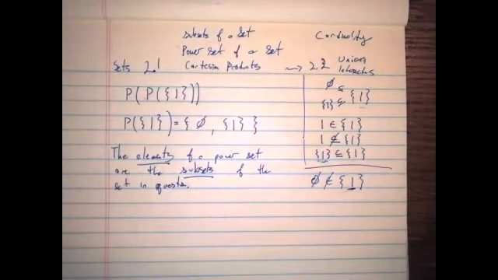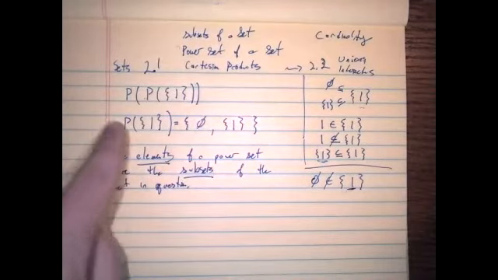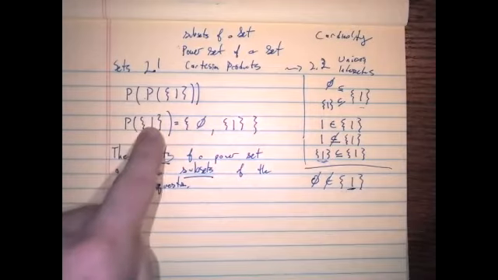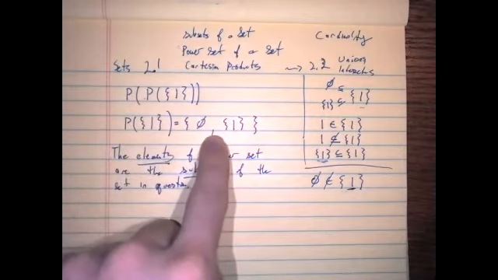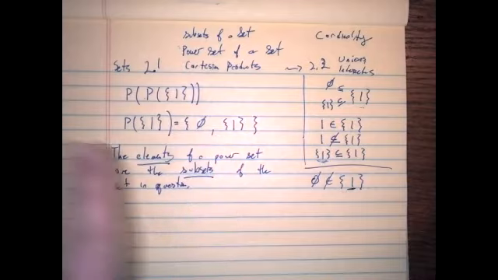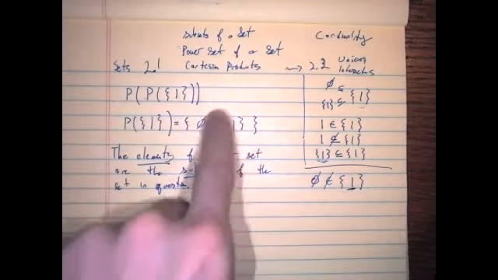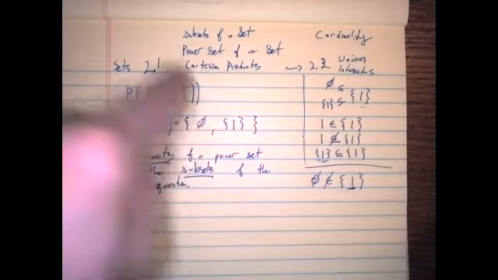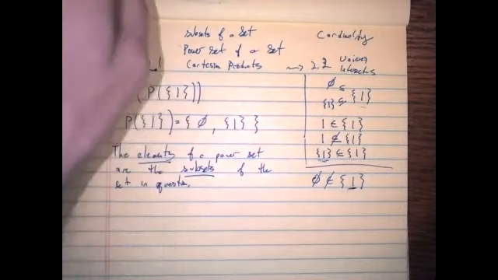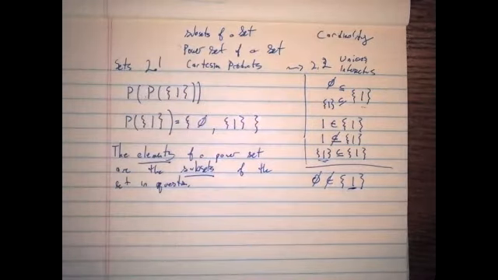You go another layer deeper, where if I take another power set of this thing, then I'm going to have sets of sets, but these are already sets which are subsets of the original set. What I just said is more confusing than actually just doing it.